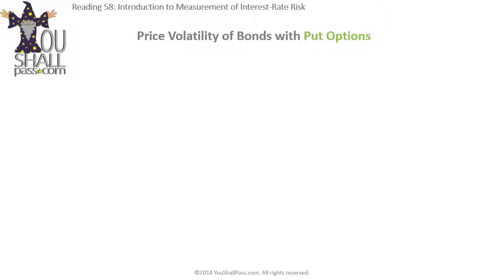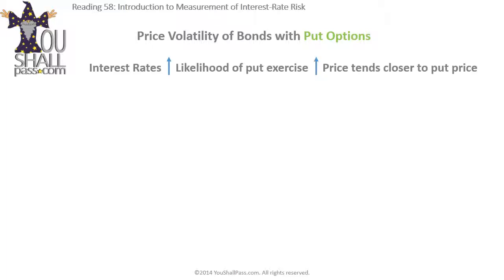Over here, as interest rates start to move above a certain threshold, the bond starts to lose value and go down in price. But then as the bond starts to go down in price, the likelihood of the put being exercised starts to go up. And as that likelihood goes up, the price tends to stay closer and closer to the put price.